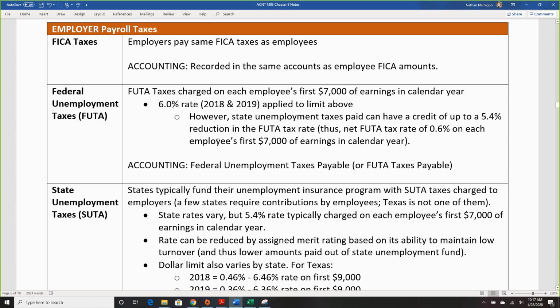But if you also pay into the state, SUTA, the federal government will actually drop your unemployment down to where you only pay 0.6%. But the remaining 5.4% usually will go to the states to help with their unemployment.